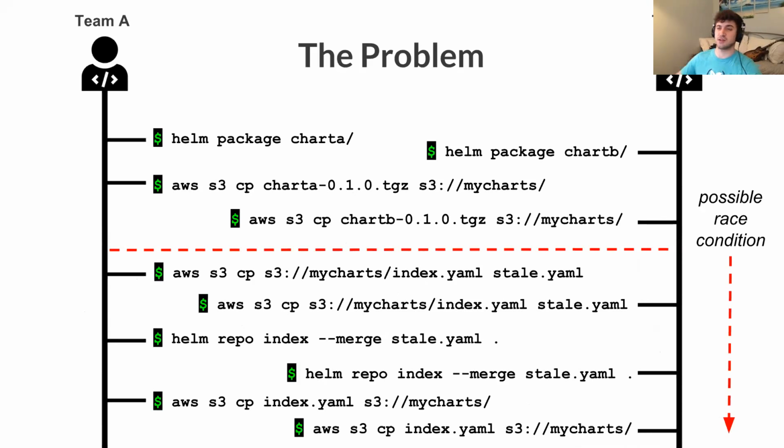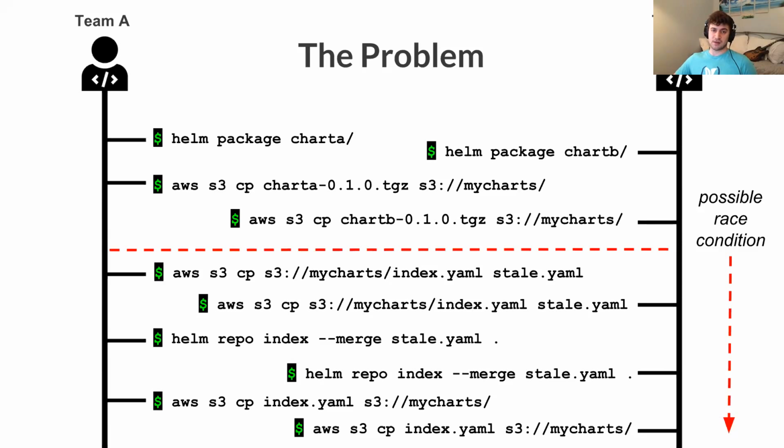If everyone's handling their own app, there's no issues here. Below the red line, you can see a possible race condition where people are trying to manage this index file on their own. And there are some more interesting approaches here that I encourage you to take a look at. I saw something a while ago where the management of that index file was done in a Lambda function. So it's pretty neat.